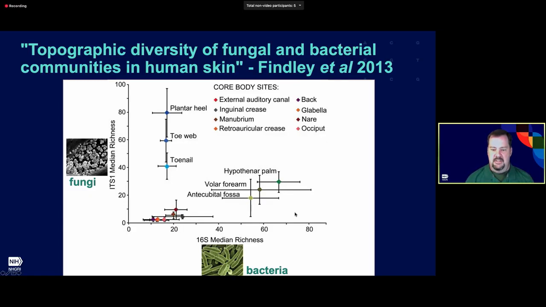And what you can see is that for the plantar heel, the toe web, and the toenail, which are all on the foot, there's a fairly high fungal diversity, but relatively low bacterial diversity, and that's reversed for the hands and the arms. And then the shades of beige and pink, those are all on the trunk or the head. Those have lower diversity overall.